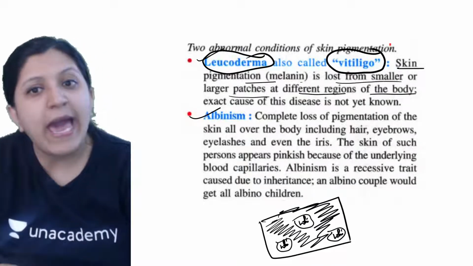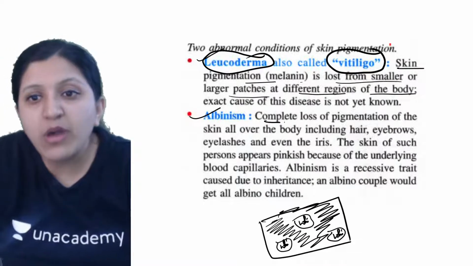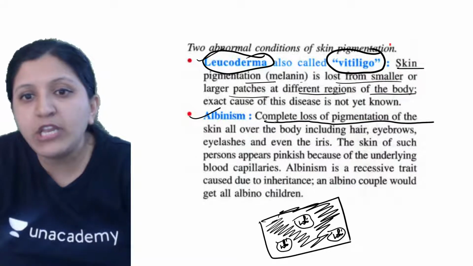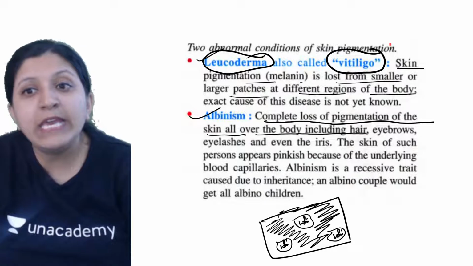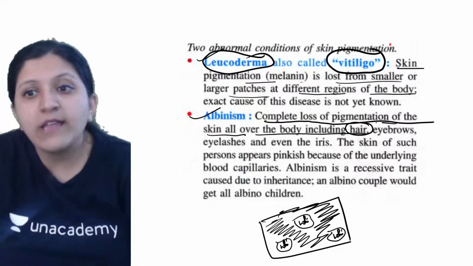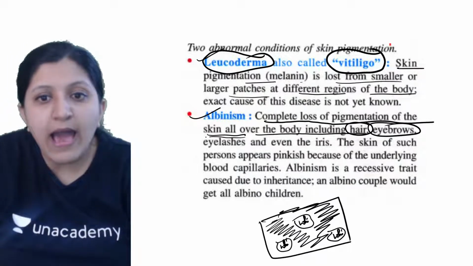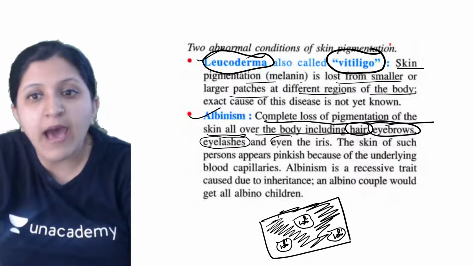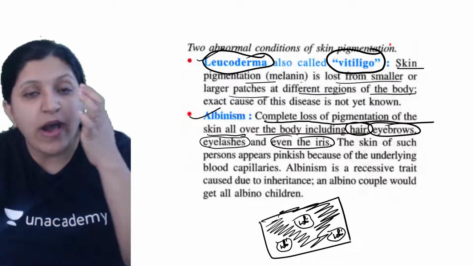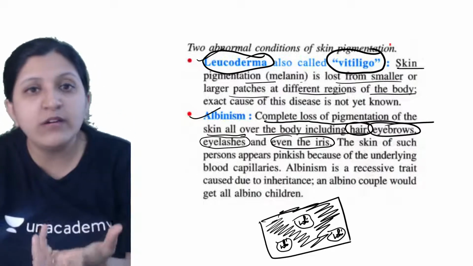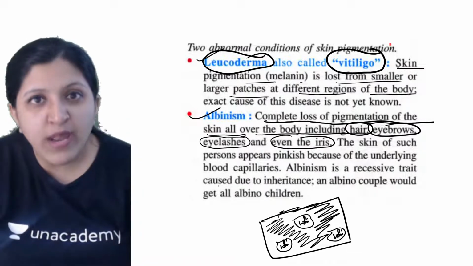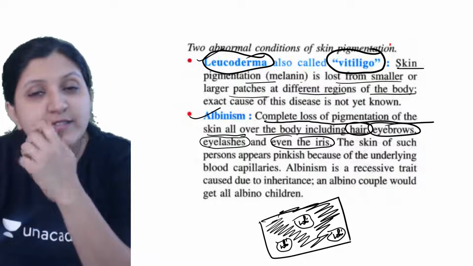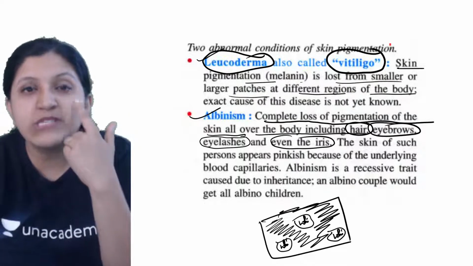Albinism: here, complete loss of pigmentation of the skin occurs all over the body, including the hair, eyebrows, eyelashes, and even the iris. The iris will also turn whitish. You have black eyes, brown eyes, blue eyes, all mainly because of the pigment in the iris.